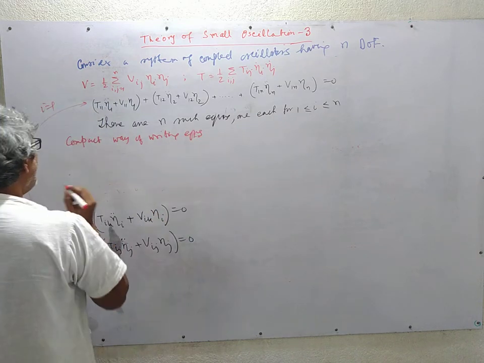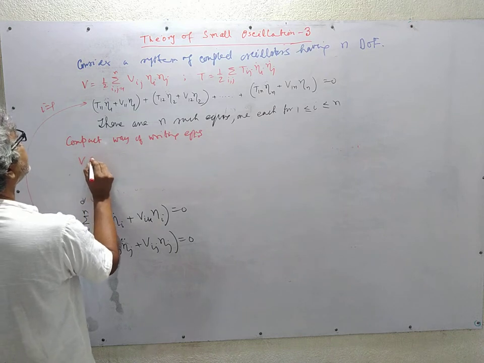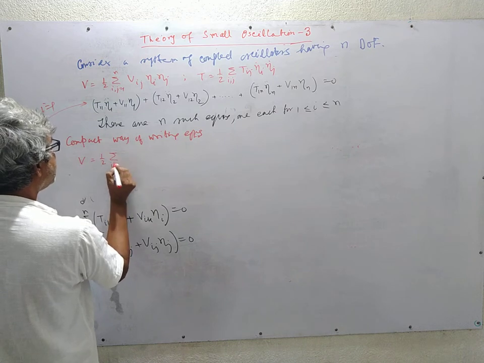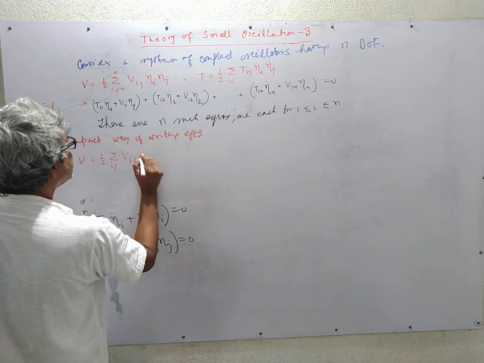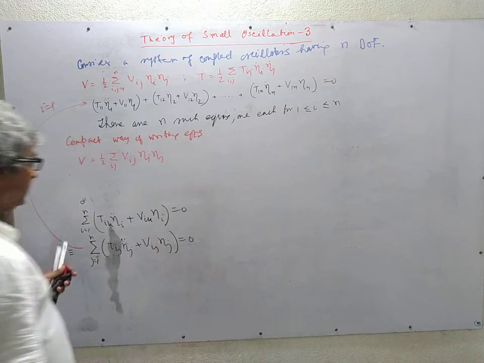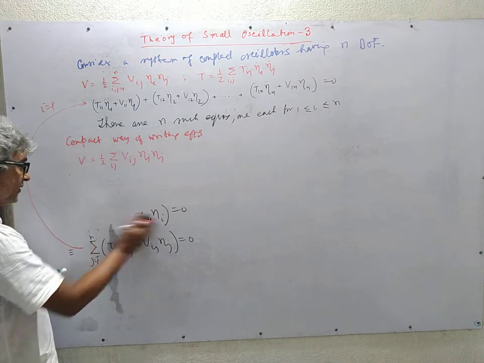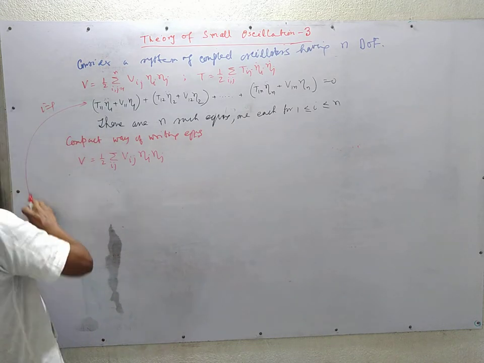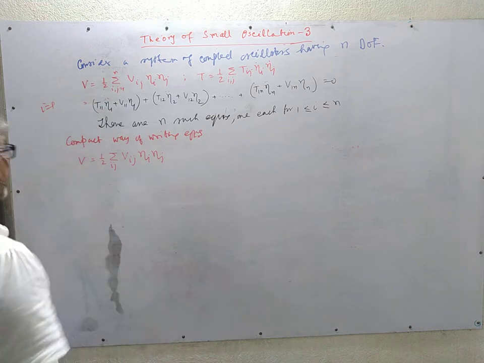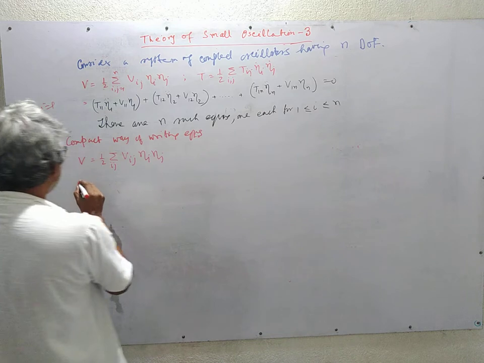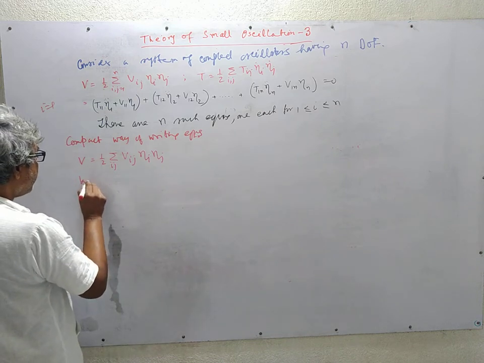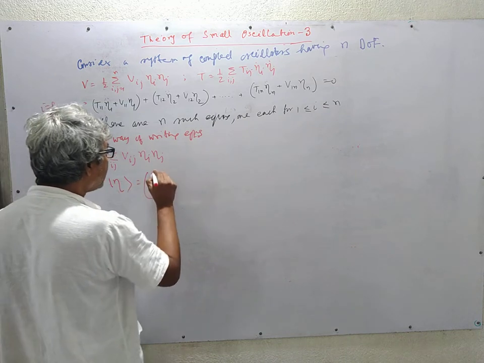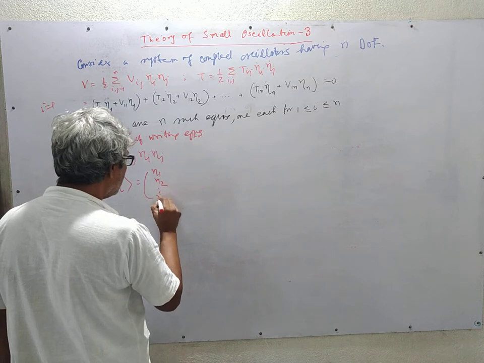Firstly, we have written V is equal to half summation over i, j of V_ij η_i η_j. Now we have already stated several times that V_ij can be looked upon as the matrix element of the Hermitian matrix V, and we define a ket vector. Ket η is equal to the set η_1, η_2 up to η_n.